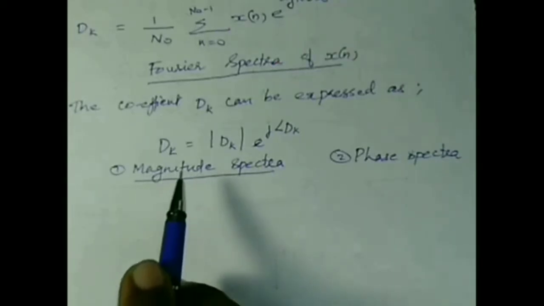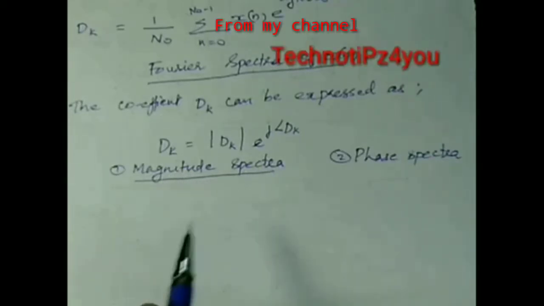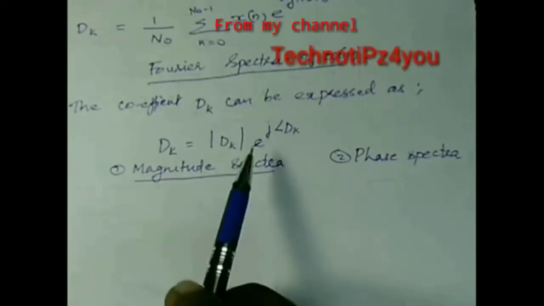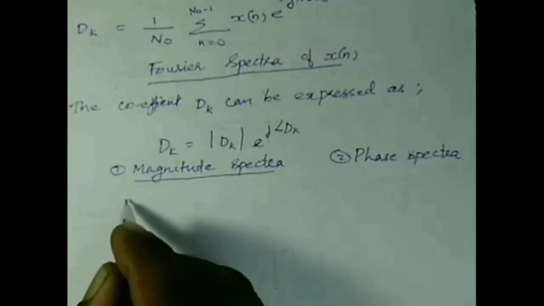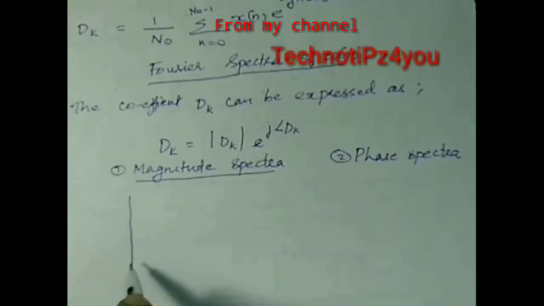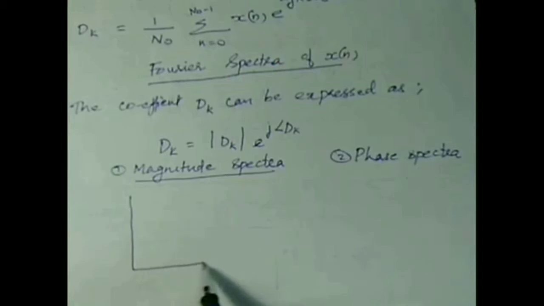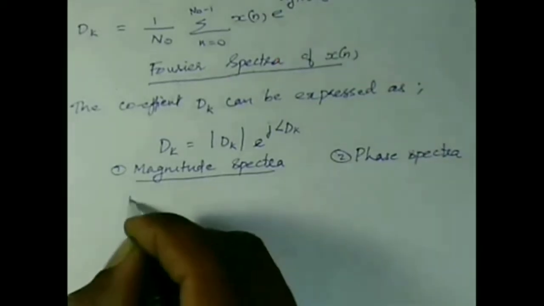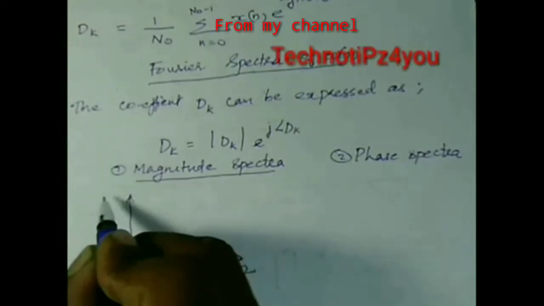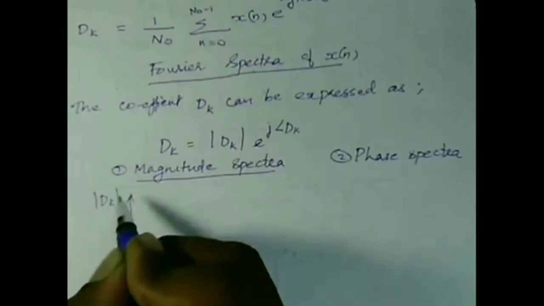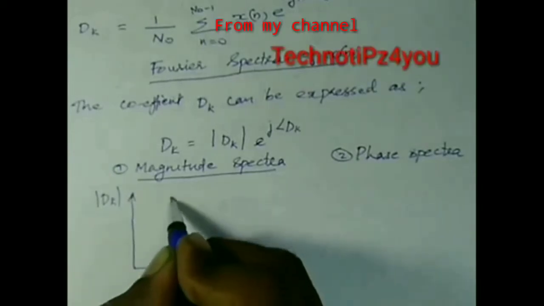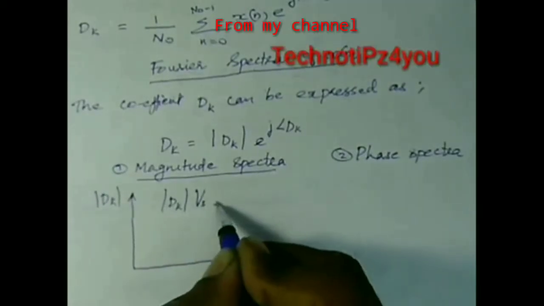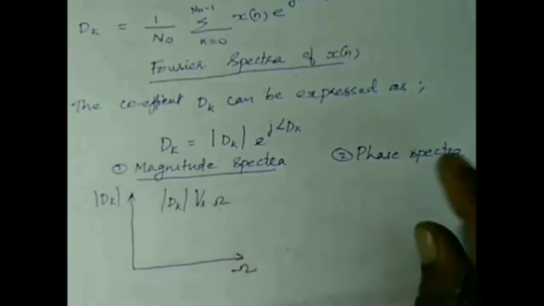From the word itself, we can find the definition: it is a graph with magnitude along the y-axis and omega along the x-axis. This modulus of d_k, that is the magnitude, versus omega graph is known as the magnitude spectra.